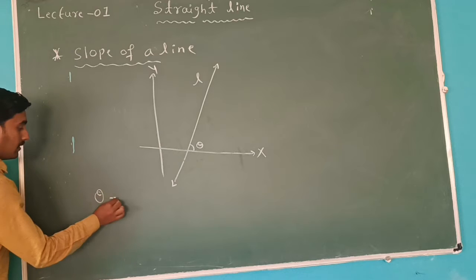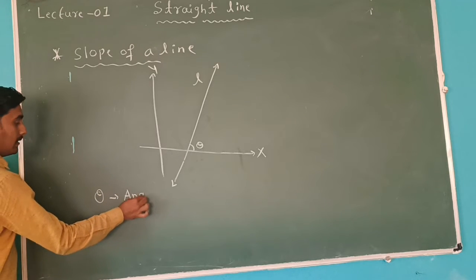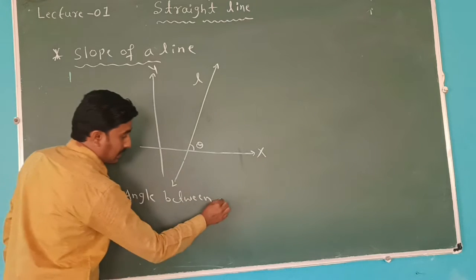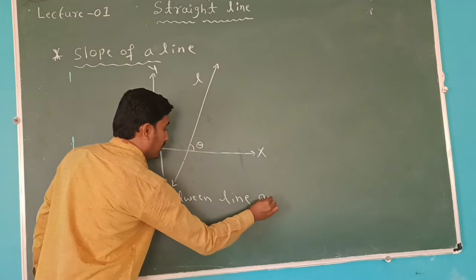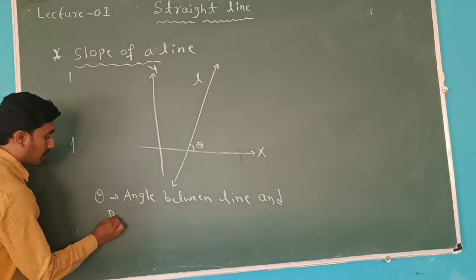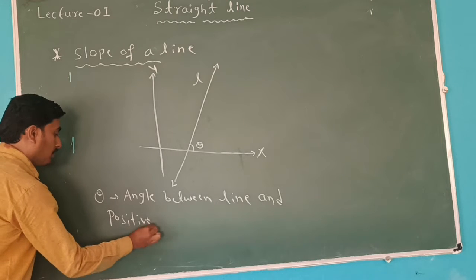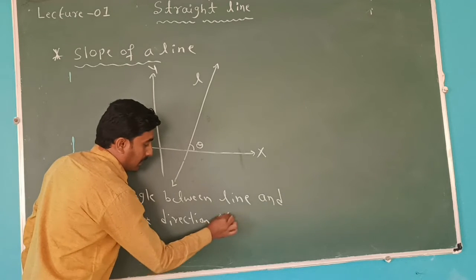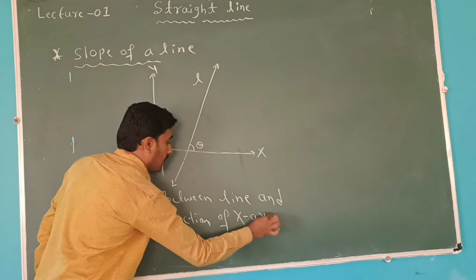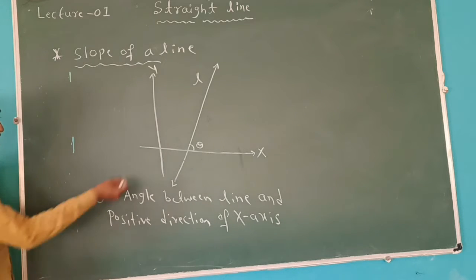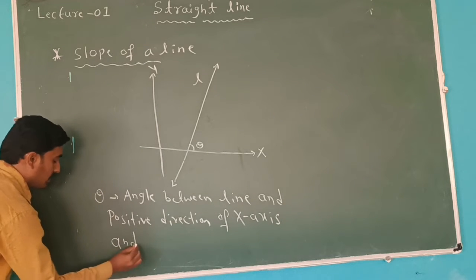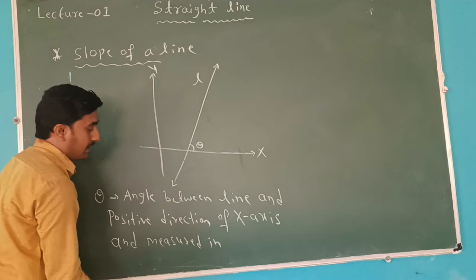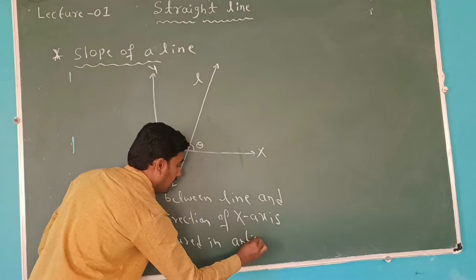Theta is the angle between the line and the positive direction of the x-axis, and this theta is measured in the anti-clockwise direction.